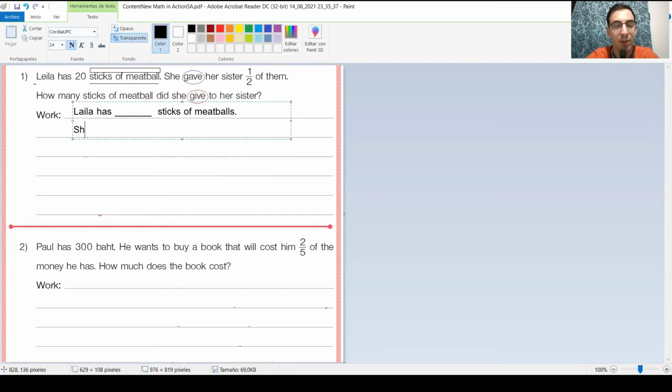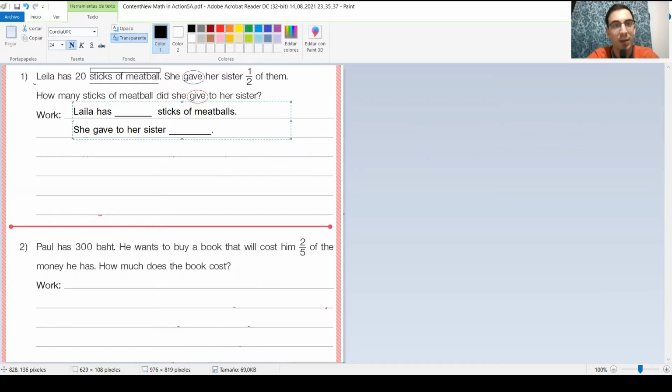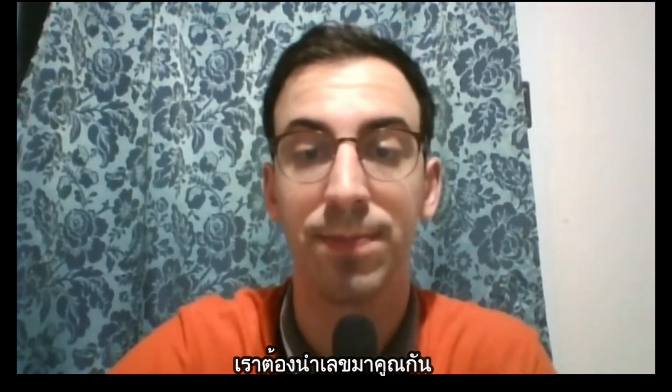After she gave to her sister, how much? This is the word problem, right? After that, we have to calculate how many did she give to her sister. So basically, what we should do is multiply. I'll show you now.